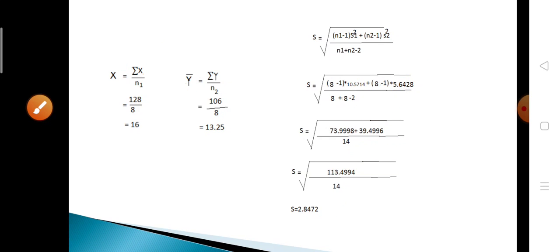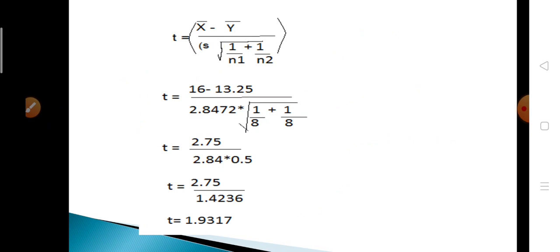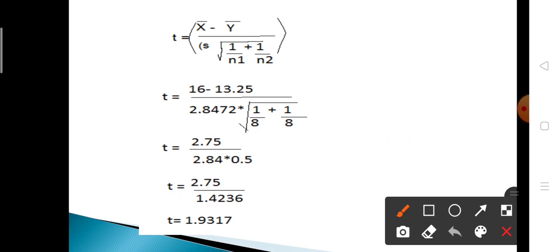Now just plug the values of x bar, y bar, s, N1 and N2 into the formula of the test statistic. So here the test statistic: x bar is 16, y bar is 13.25, s is 2.8472 into square root of 1 upon n1, n1 is 8, plus 1 upon n2, n2 is 8.